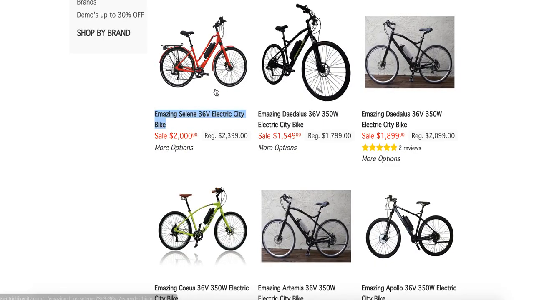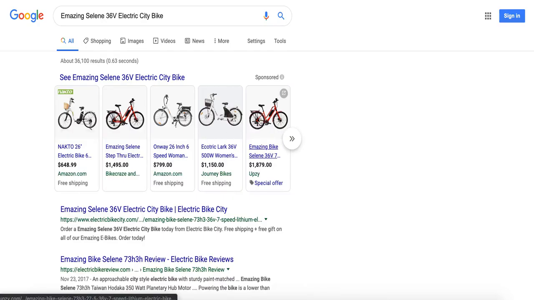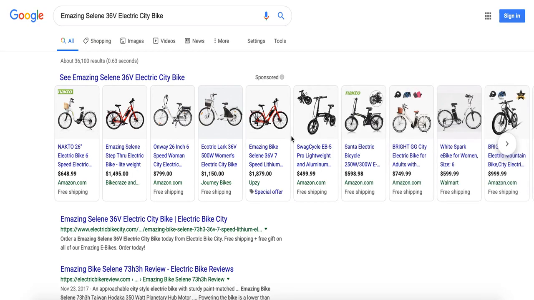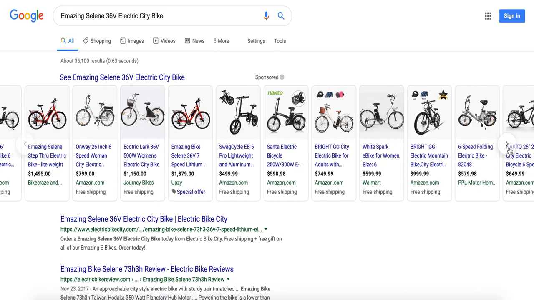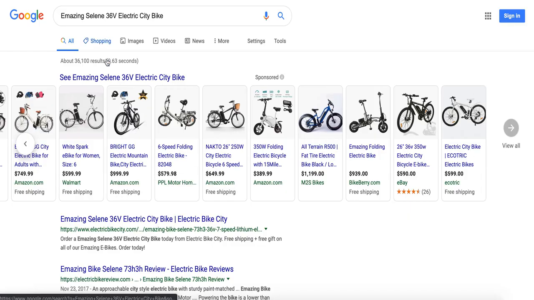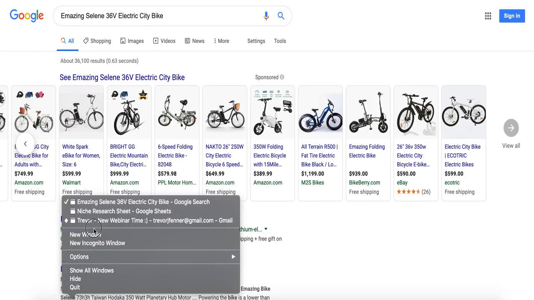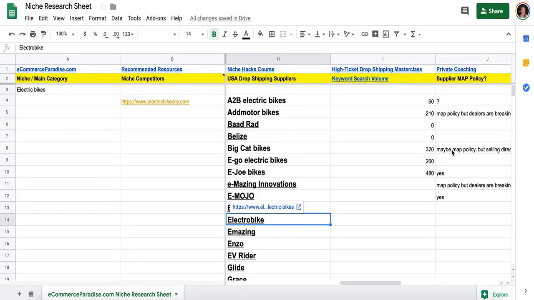And the price we're looking at here is $2,000, $1,879, $1,495. So that's definitely all over the place. Definitely mark that as a not ideal brand.